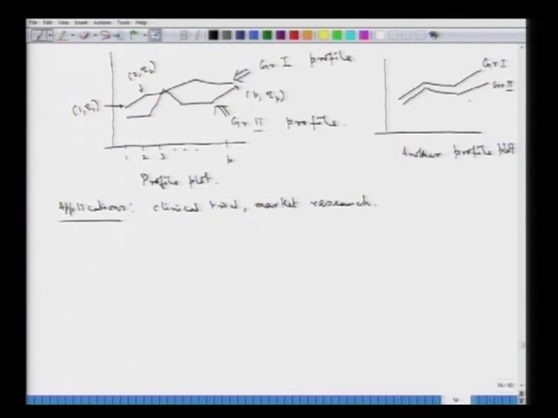Since the exact structure of these profile plots is unknown to us, because the respective group means in the populations, that is eta 1, eta 2, eta p, or nu 1, nu 2, nu p, are all unknown quantities, the exact shape of the profile plot is unknown. What is done is to look at the sample profile plot.